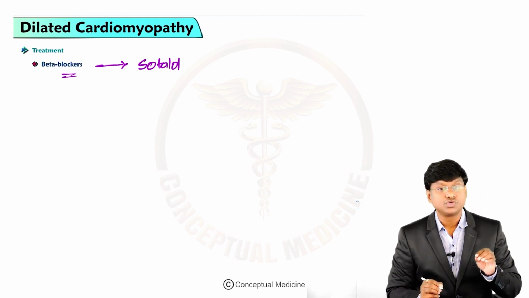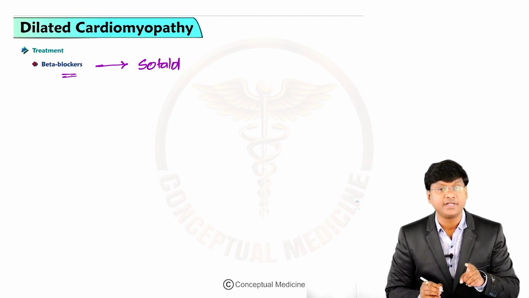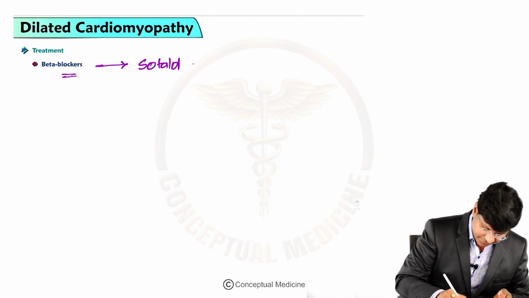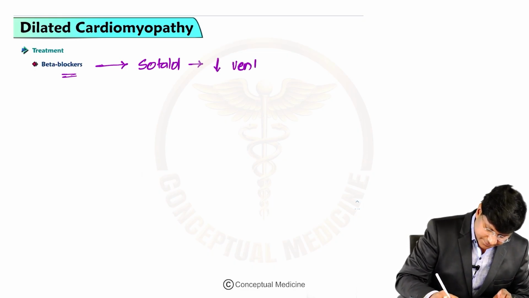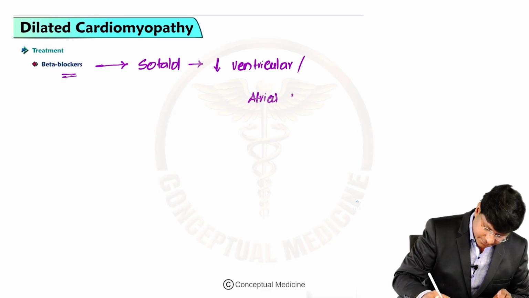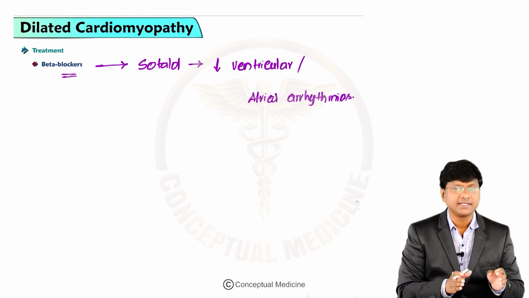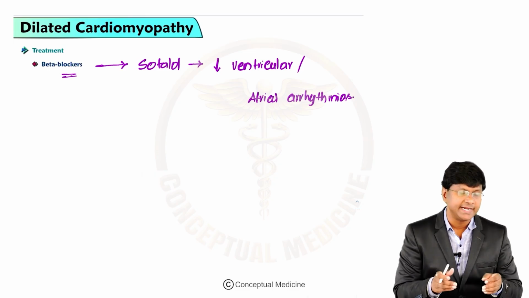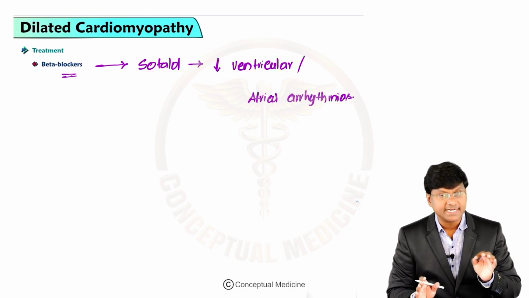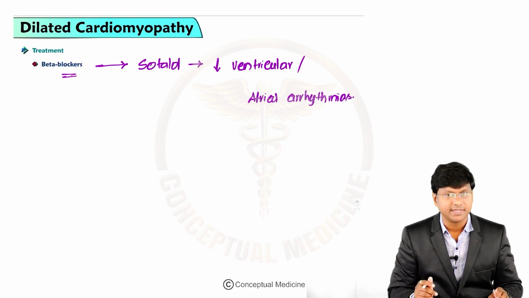Sotalol is acceptable for ventricular or atrial arrhythmias, and the purpose of giving it is to decrease ventricular or atrial arrhythmias. If other beta blockers are ineffective, then the ideal beta blocker that we can give is sotalol.